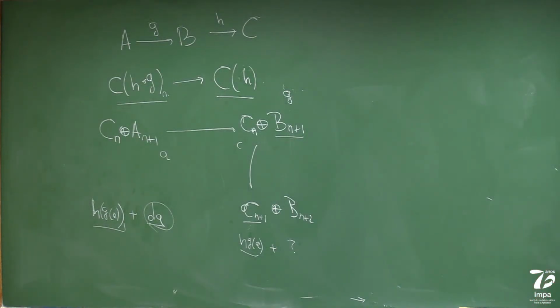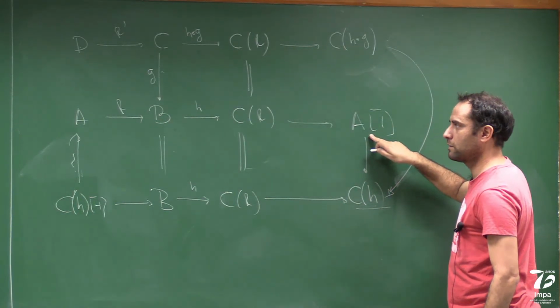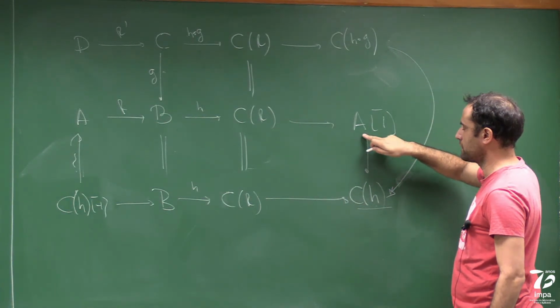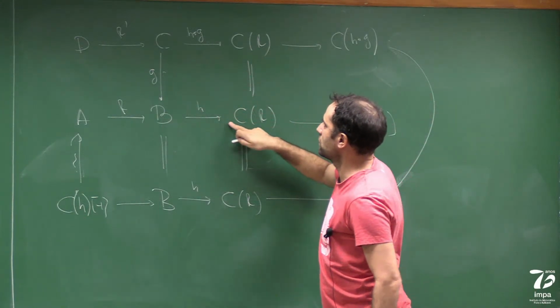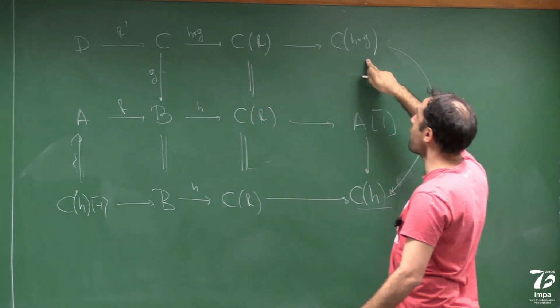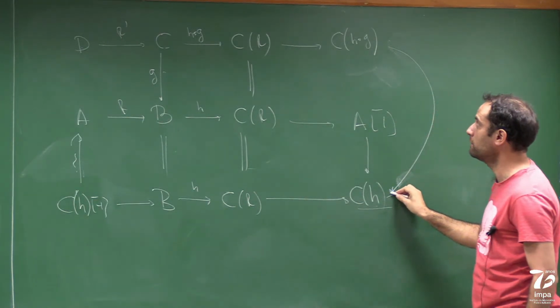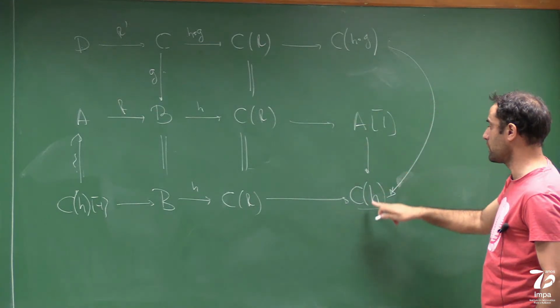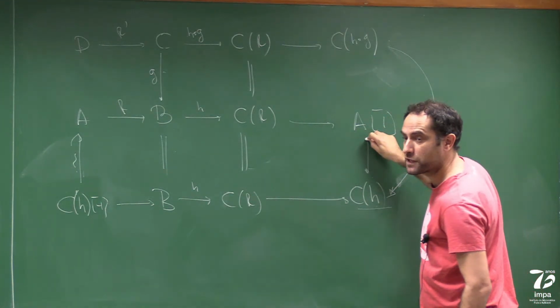Okay, so let's go back here. It's longer than what I thought. So this is the cone I started with. This F is a quasi isomorphism, and I have this triangle. Now I pick this composition and I put it here, and I construct the cone of that composition. But what I just told you, I have a map here to here, from the cone of this composition to the cone of H. But then I also told you that this guy is invertible.